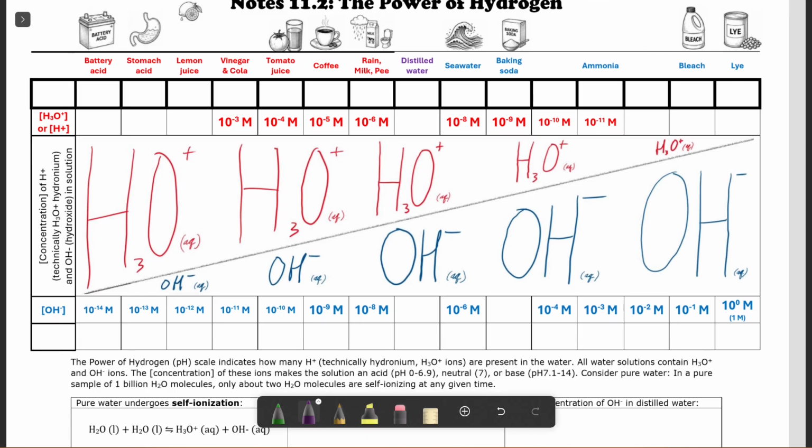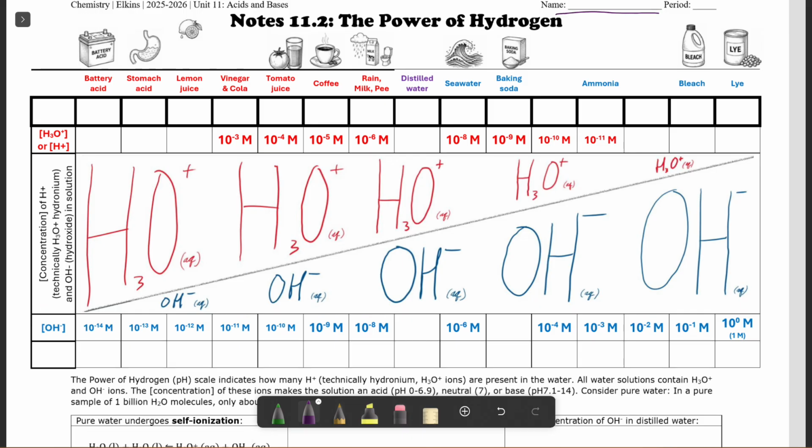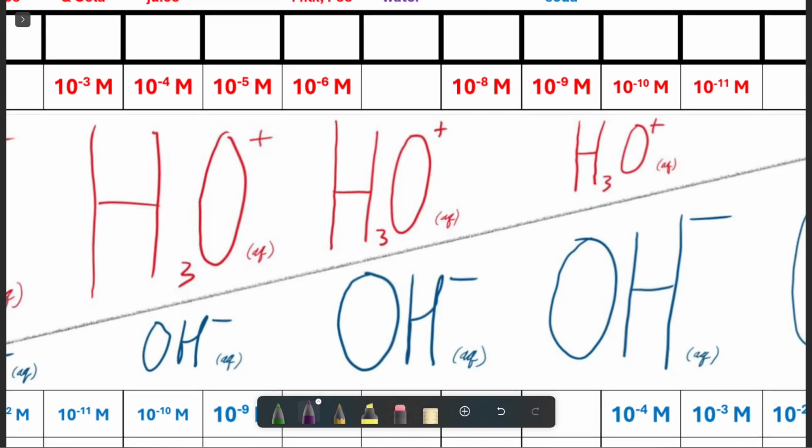All right. Here you can see a scale, and this scale shows us a lot of different factors. We've already talked about these two polyatomic ions here. H3O, what is that called? Well, that's hydronium. It's a positive polyatomic ion created from water by adding a hydrogen to it. Below that, what do we have?